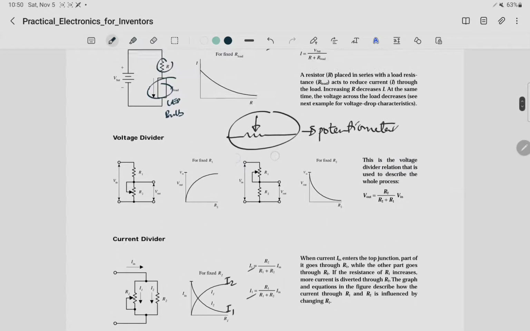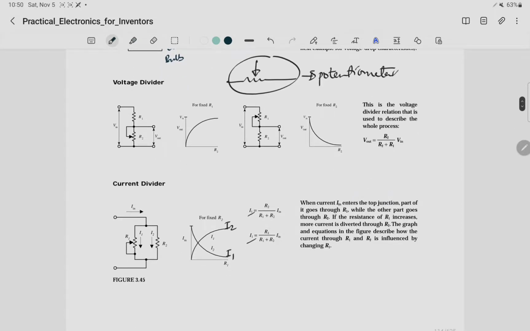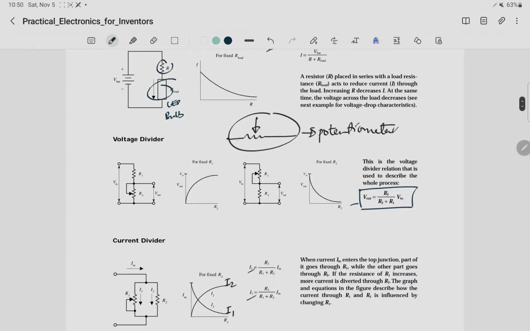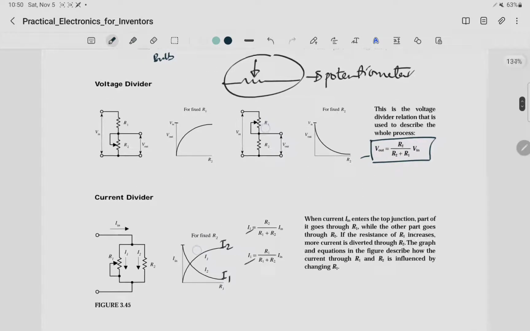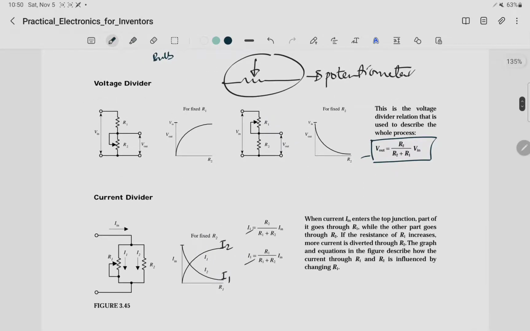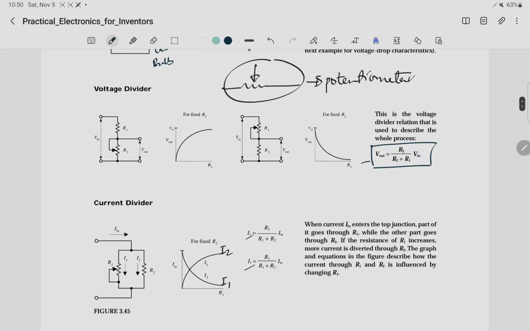So here, as a voltage divider, there is a formula for voltage division also. When you always see a resistor with an arrow on top, just know that that's a variable resistor, which for now we can call a potentiometer. So when you look at this circuit, we have a V out, not so. As we increase our variable resistance R2, we see that our voltage increases.